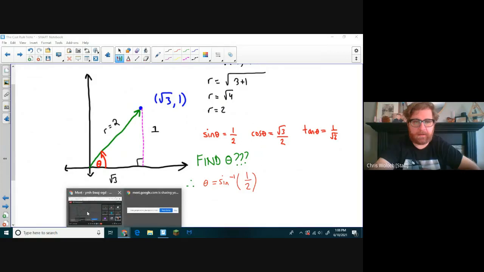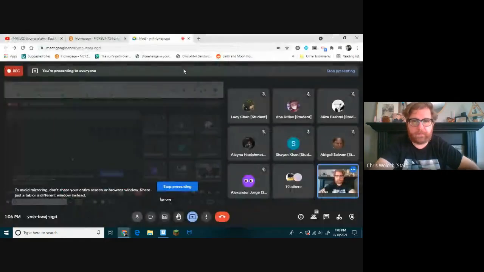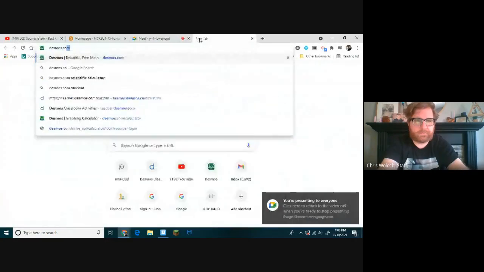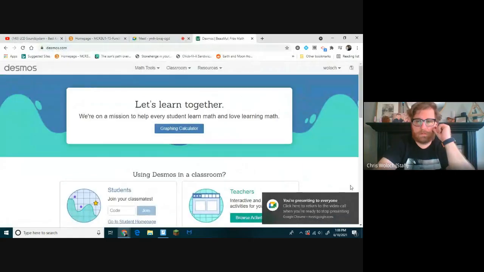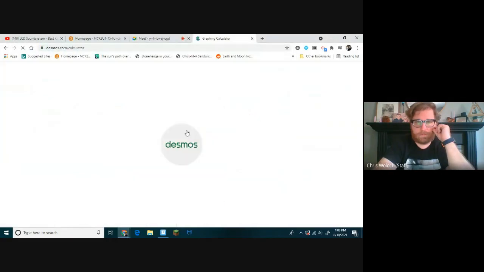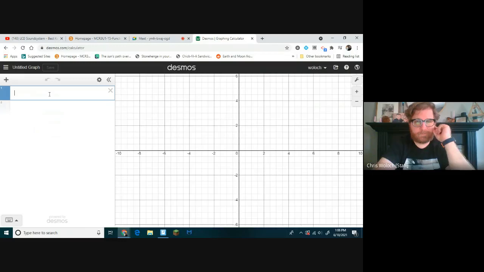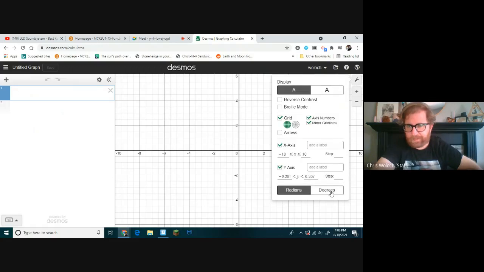And if we go to decimals for a second, just to show you how I can use decimals to solve this. Decimals default is radians. So what you have to do is hit the wrench where it says graph settings, and then at the bottom where it says radians and degrees, click on degrees.